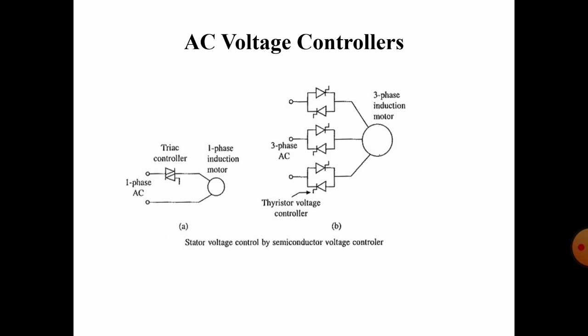So we are giving the three-phase AC supply to the three phases of the induction motor through the anti-parallel thyristor. By controlling the firing angle of the thyristor, you can control the output voltage from the thyristor that is fed to the induction motor.